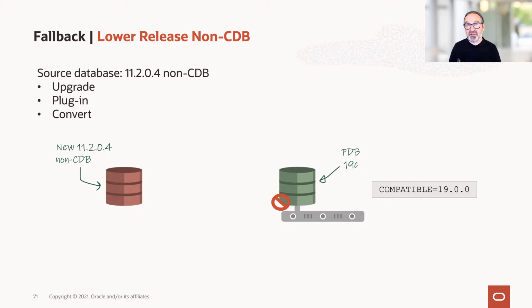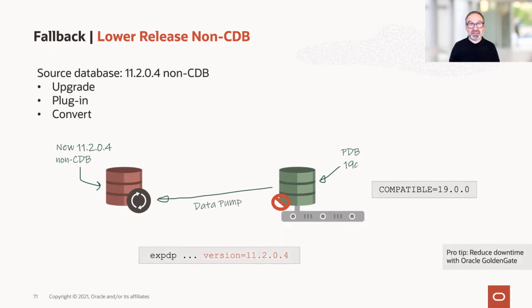And ideally, a tip from our side, if that is your fallback strategy, you have everything in place already. You still have the home around, you have created that non-CDB database already, waiting to be fueled up with an export. Because now we start a Data Pump export and we need to use the version parameter, 11.2.0.4 in our example.